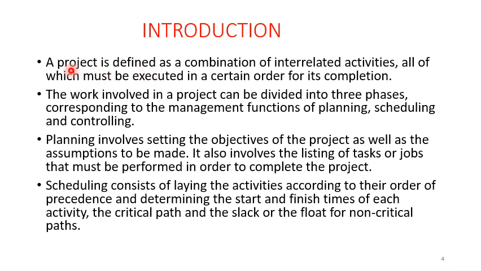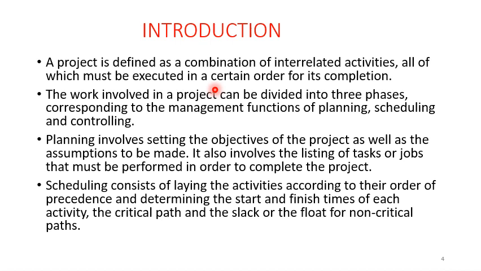What is a project? A project is defined as a combination of interrelated activities, all of which must be executed in a certain order for its completion. There will be many activities in a particular project, but each will have a particular relationship with the other activity.